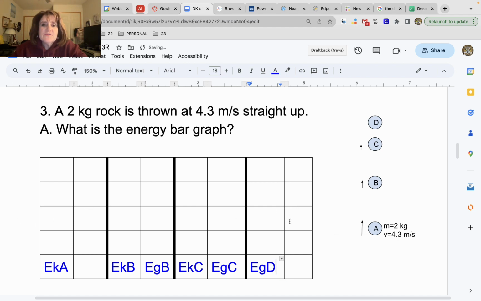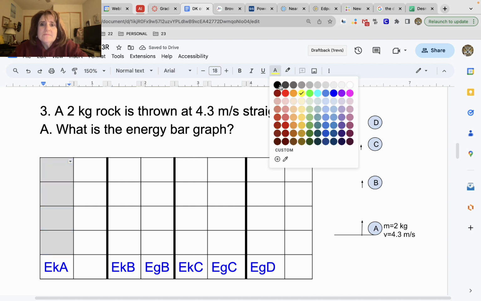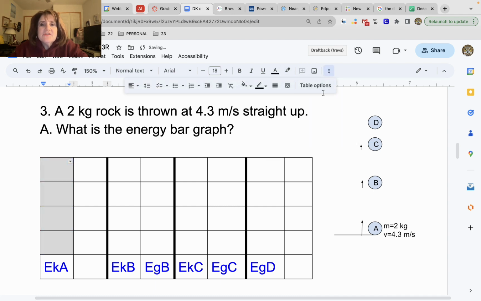And you can adjust those bars if you need to. Then we need to shade them in. Okay, I'm going to shade all of my Eks because I want to show you something. If position A is all Ek, it's all kinetic, and I shade that yellow. Okay, I'm going to use my paint bucket and shade it orange.